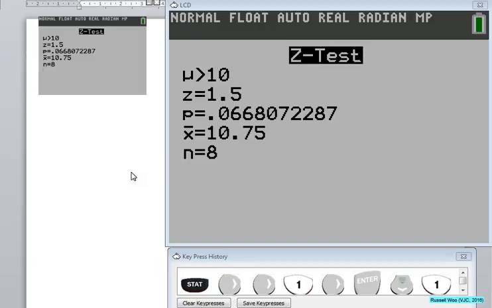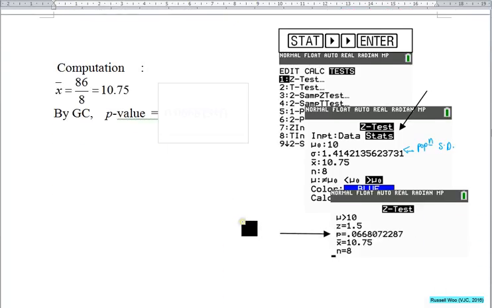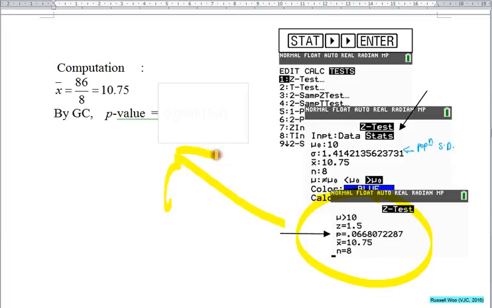You get all these values. Make sure you can get all these on your GC. Got it? So make sure you can get this screen. Once you get this screen, you don't have to copy everything.